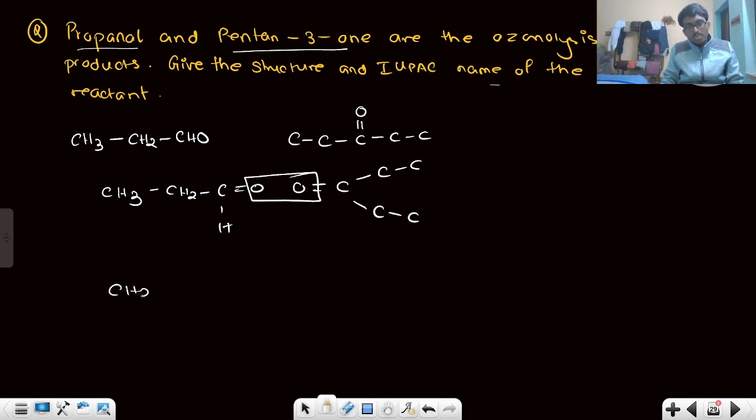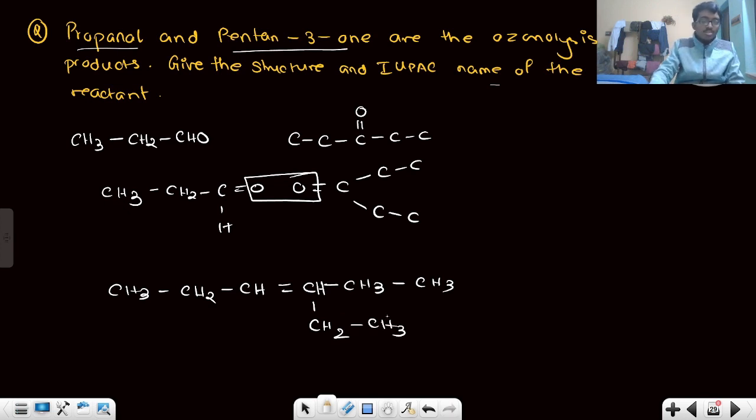So the structure will be CH3 CH2 CH double bond C, CH3 CH3, where there will be one H, CCH3 CH3 and there will be CH2 CH3. Clear? So this is going to be the structure.